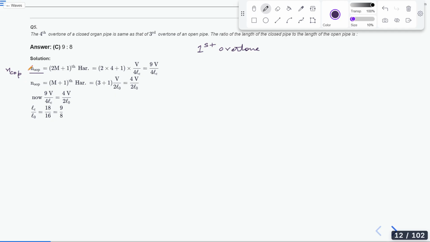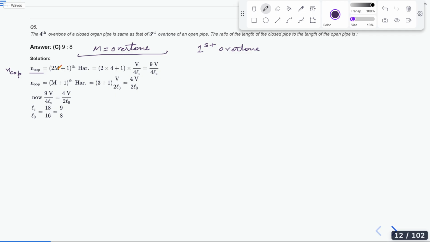So for closed organ pipe, how do you calculate the harmonic from the overtone? Here M is the overtone. So how can you find which overtone is there or which harmonic is there? First overtone in the case of closed organ pipe is the 2M plus 1 harmonic.